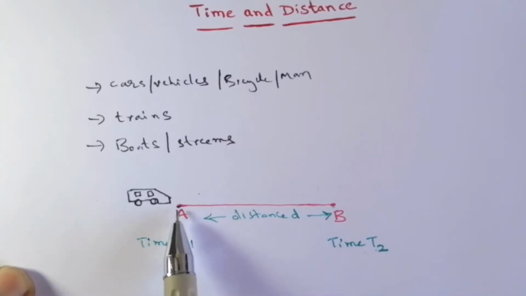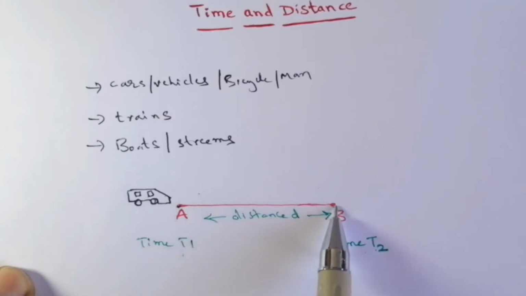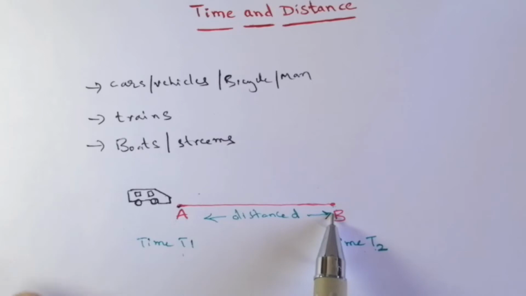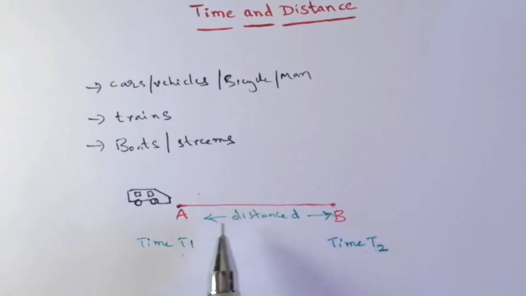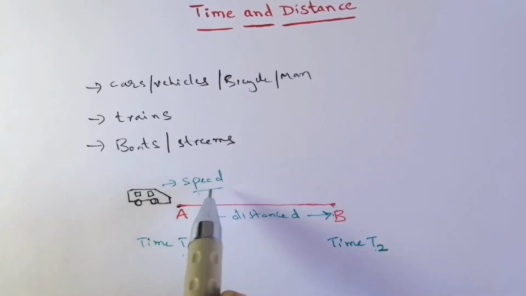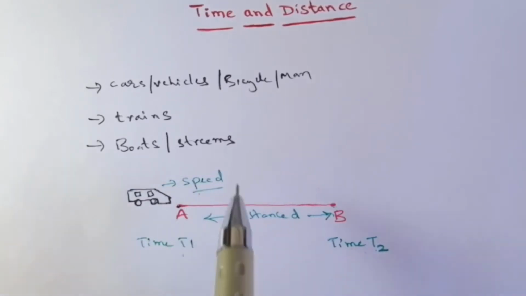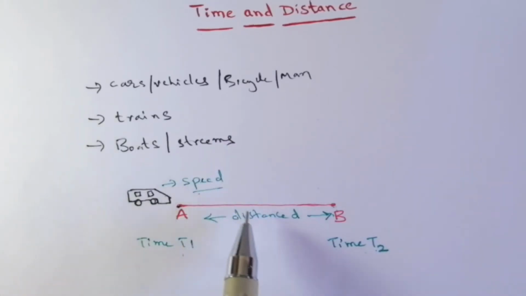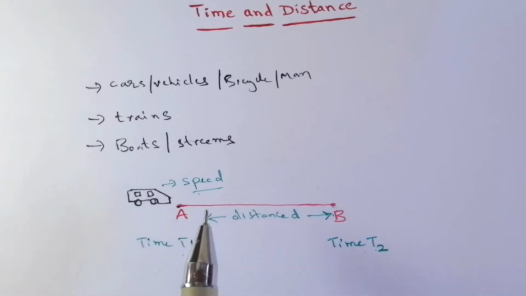And since it moved from A and reached B, it has covered a distance d in a particular time, so the vehicle has a speed. So in time and distance we have three things: the speed, the distance and the time, and the complete problems depend on these three parameters, right?